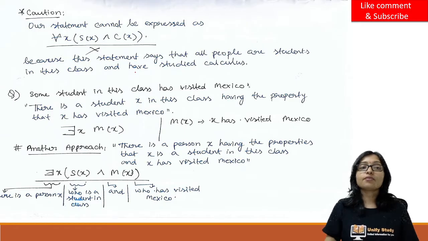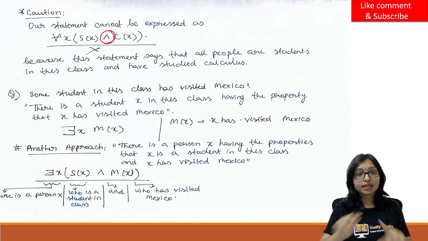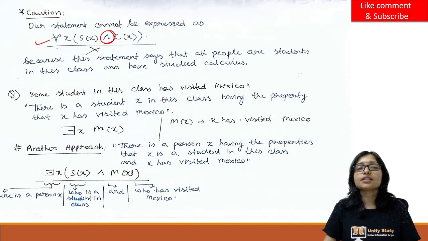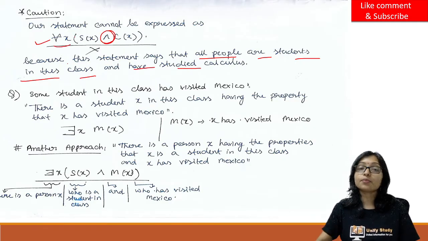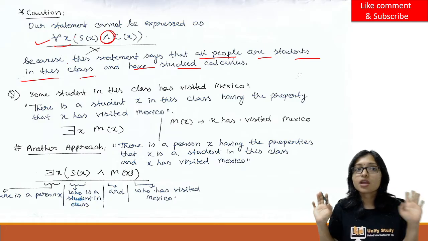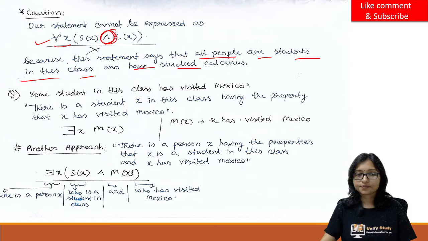But with the for all we cannot use the and, because the meaning is different. That statement would say all the people are students in the class and studied calculus. All the people throughout the world I am telling are my students. No, right? That's why with for all we cannot use and.